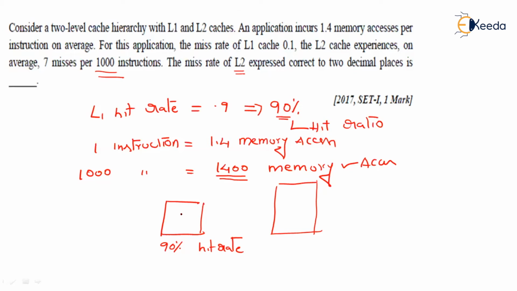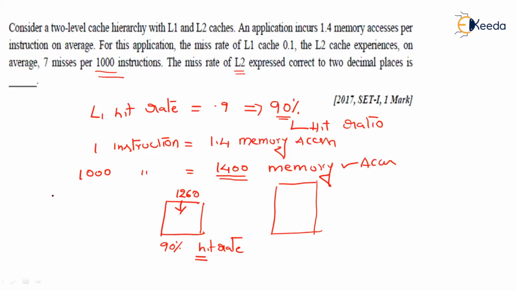That is, out of 1000 instructions, 900 instructions will be available in L1 itself. So 1400, 90% meaning 1260. A total of 1260 will be available in L1 itself.